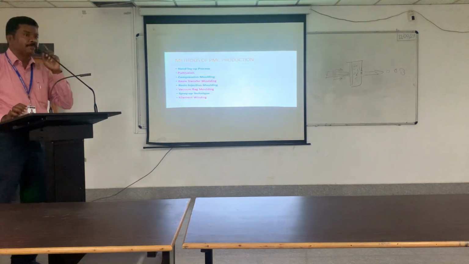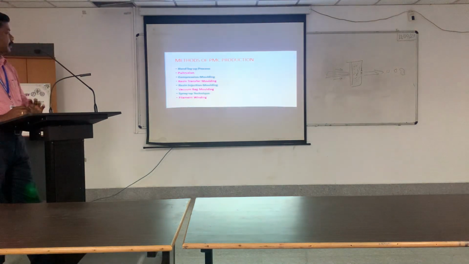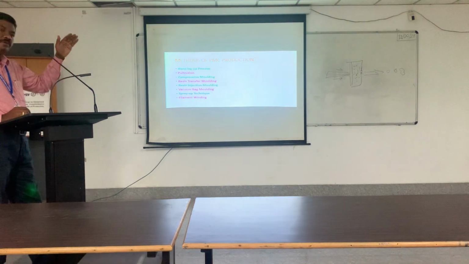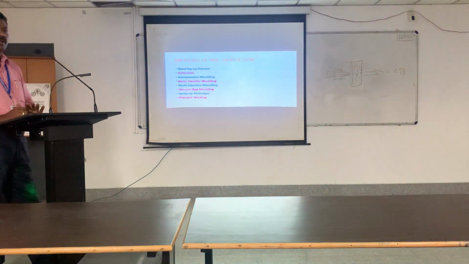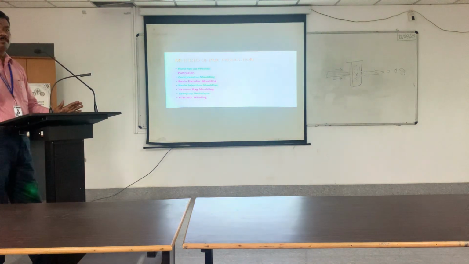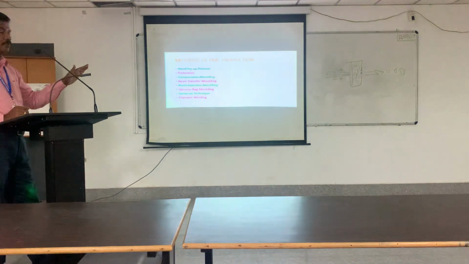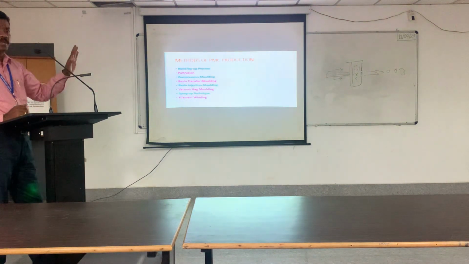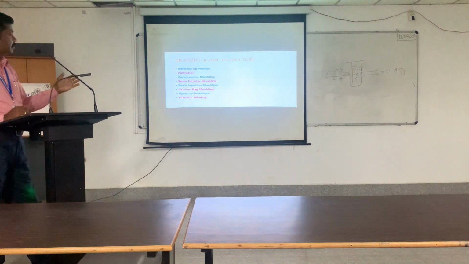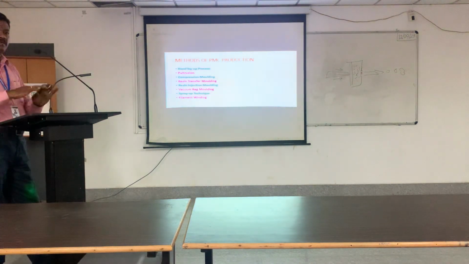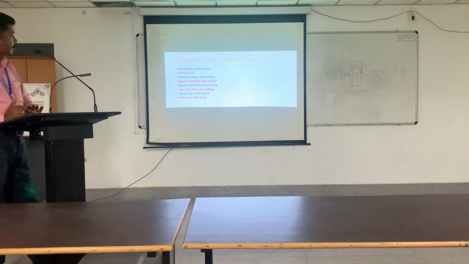That is called resin transfer molding. The resin is transferred sometimes due to gravity itself, and sometimes with some injection pressure. Accordingly, it may be called resin transfer molding, resin injection molding, or vacuum assisted resin transfer molding. All these classifications come under resin transfer molding.